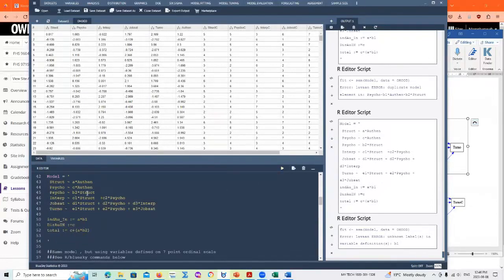Remember I told you that I try to put each equation on its own line. This is an example of how to avoid errors. When you put each equation on its own line, it's easy to see what you are combining with what.